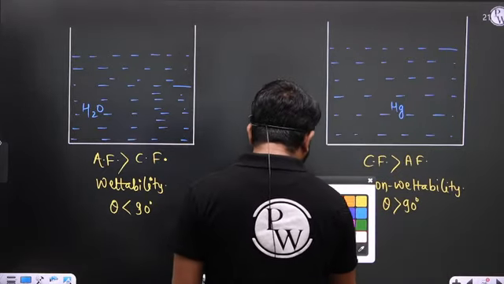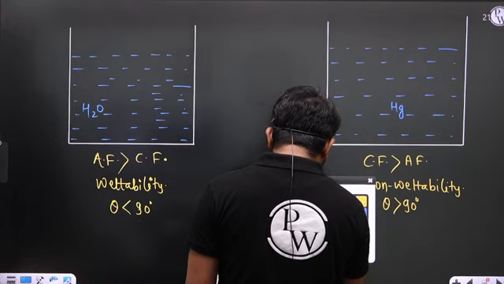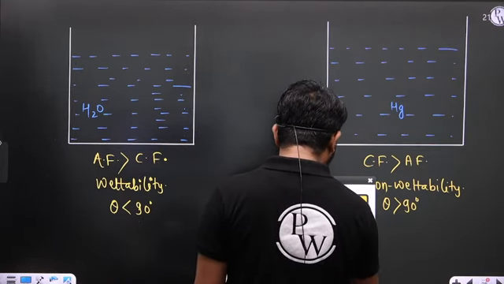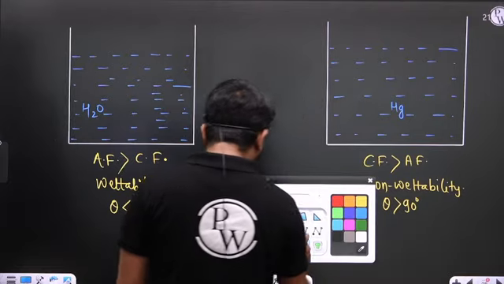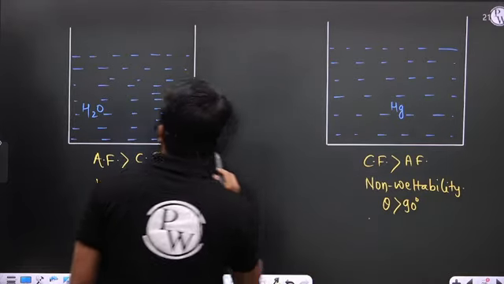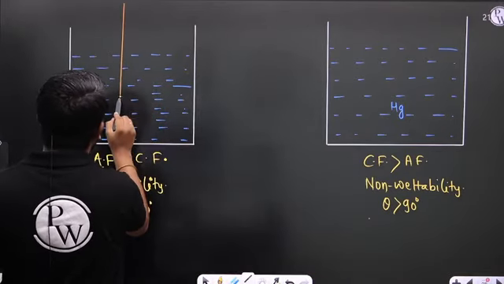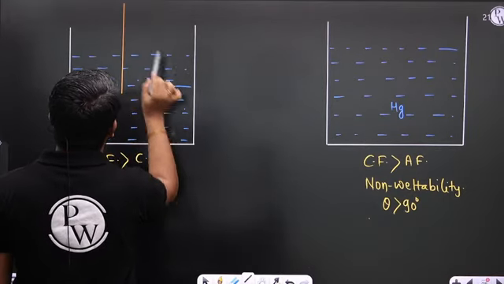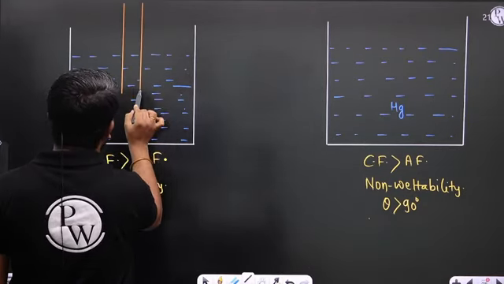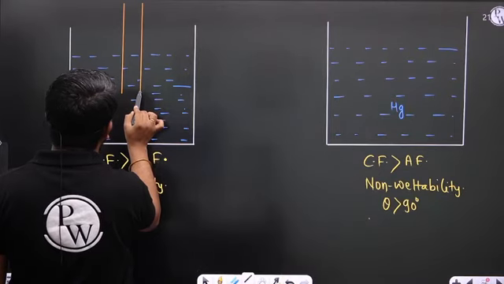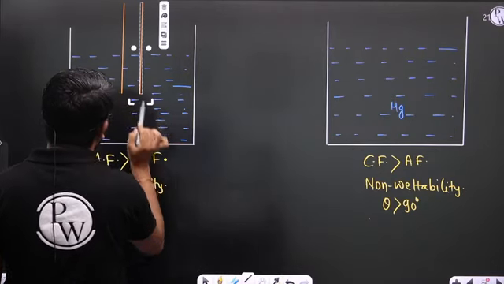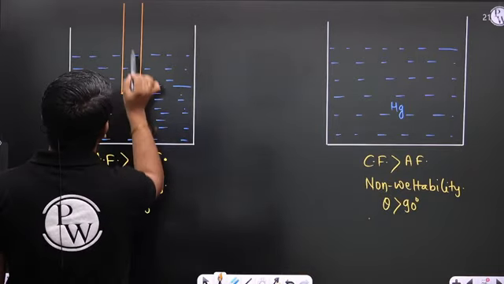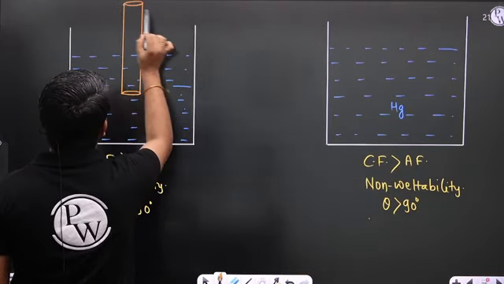Now I am taking a small diameter transparent glass tube, and I am putting that small diameter transparent glass tube in water like this. So this is the transparent glass tube.